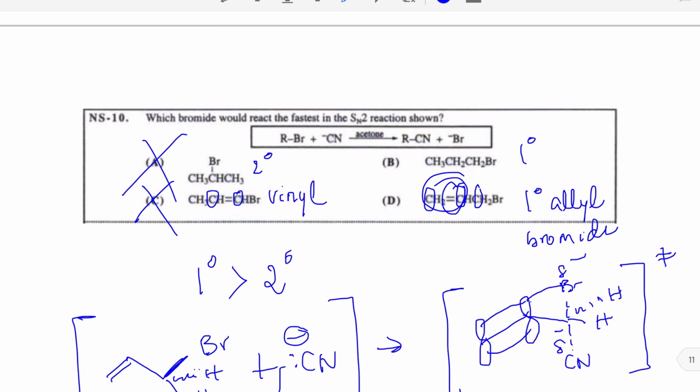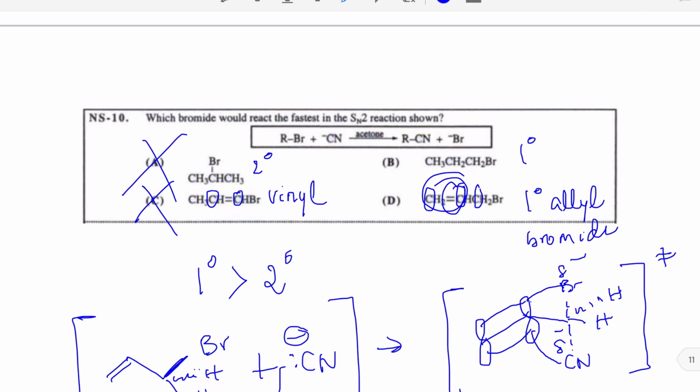See, these p orbitals actually interact with the orbitals of the bromine and the cyanide ion during this transition state, and it causes a sharing of electron density. And this sharing of electron density leads to stabilization, and this lowers the energy of the transition state, giving it a higher reaction rate.